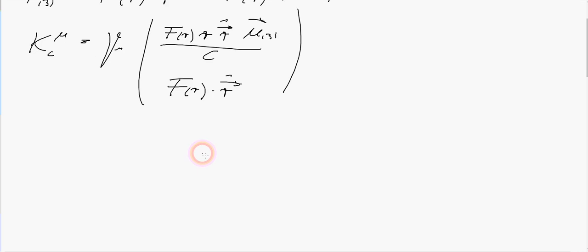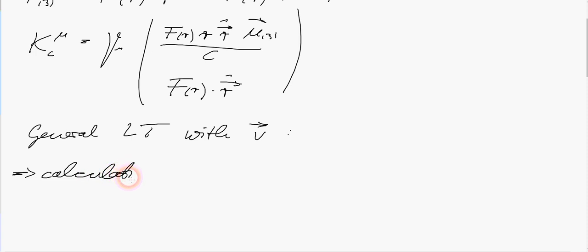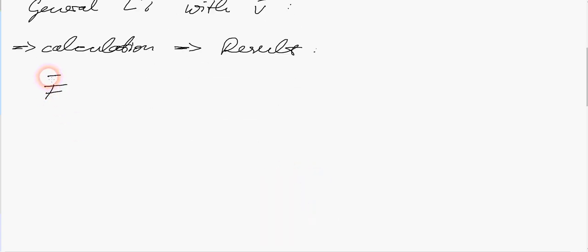Now we do what we said we will do, a general Lorentz transformation, general LT with velocity v. Okay, if we do that, I will abbreviate all the calculation and just show you the result, as this leads to a lot of calculation. So f primed, I just go for the spatial part of the 4 vector.